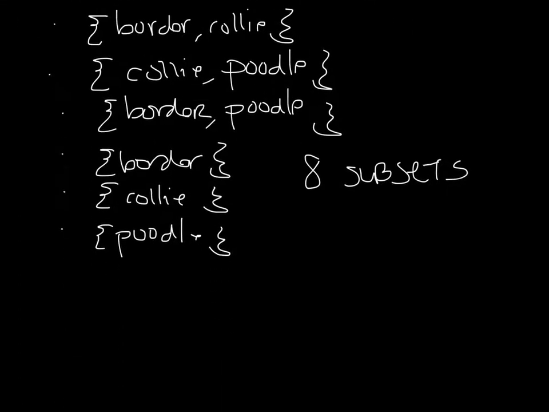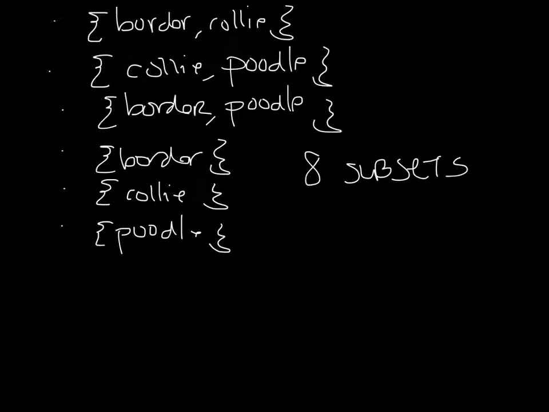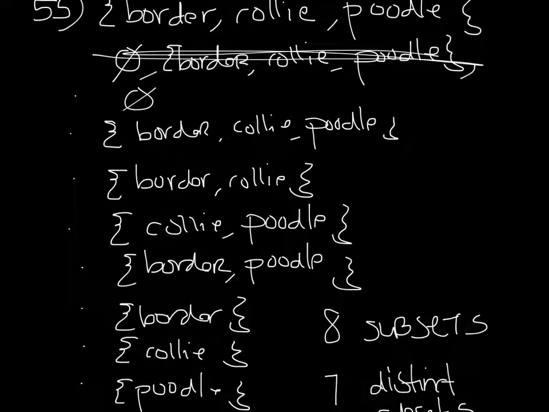So there's 8 subsets. The question doesn't ask it, but you are going to do it in 61 through 68. So we can say the distinct subsets in this case would be 7 distinct subsets, because every single one of them is different except that original one.